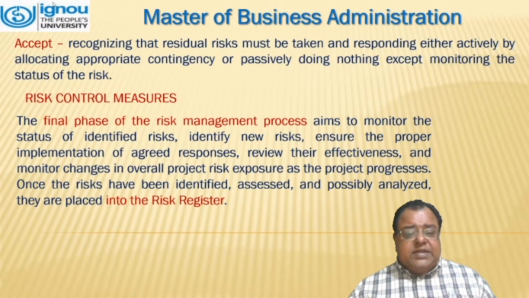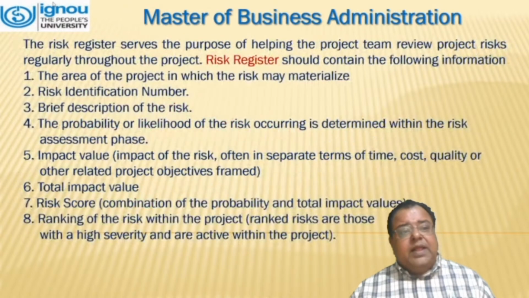Once the risks have been identified, assessed, and possibly analyzed, they are placed into the risk register. The risk register serves the purpose of helping the project team review project risk regularly throughout the project.